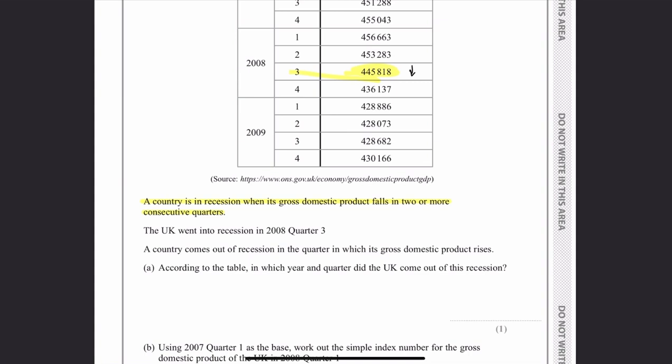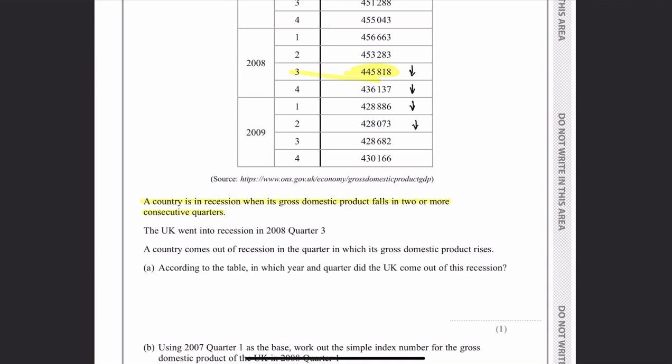According to the table, which year and quarter did the UK come out of recession? So we're just looking for when it goes up. So from 2008 quarter 3 to quarter 4, it goes down. From 2008 quarter 4 to 2009 quarter 1, it goes down. Then it goes back down again.